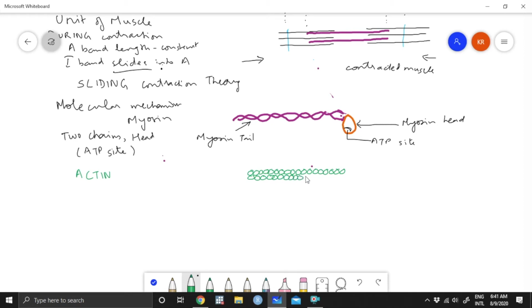So they are called as G actin, G for globular, but when they all assemble together, it becomes F actin. So when they are separately in a circle, it is called as G actin, but when they all assemble together, it is called as F actin.